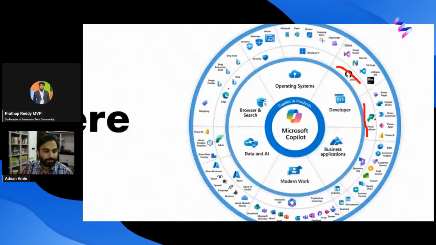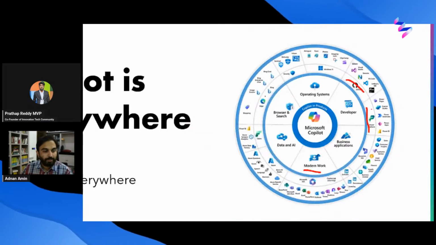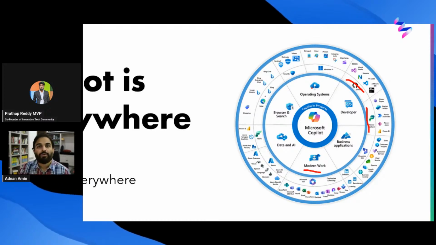And also for modern work, which is my expertise area, these are different copilots which are available here. And similarly for Azure and different other technologies here. So we can say that Copilot is everywhere. Just now I showed you how we can also take the help of Copilot within Notepad.